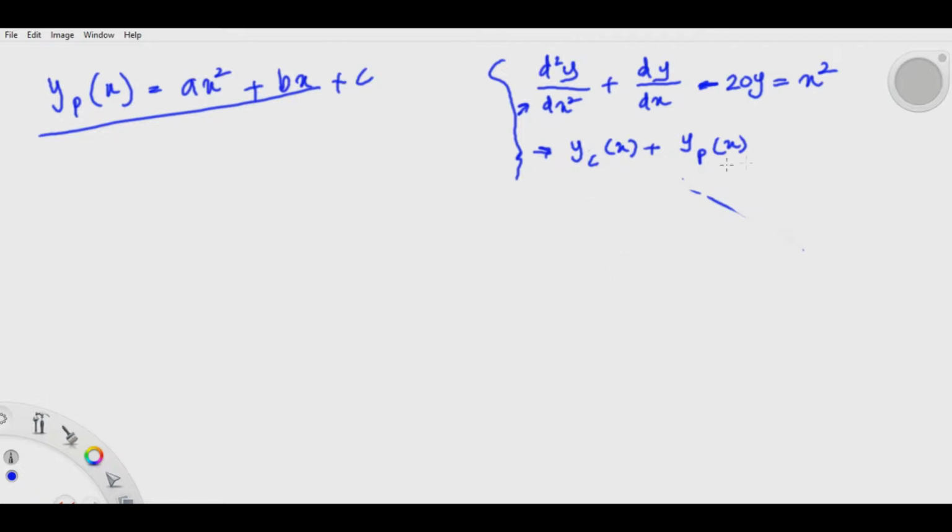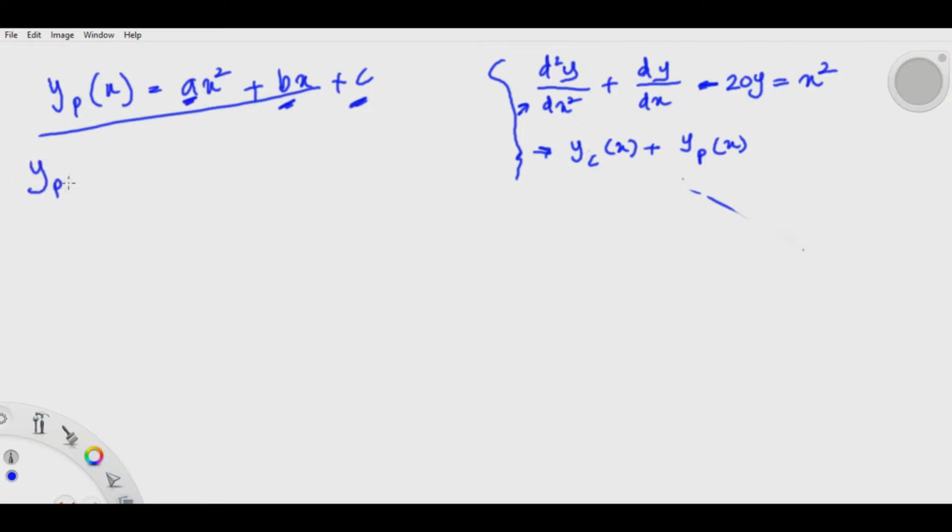Now I stated at the very beginning, because this is asymptotic to a quadratic equation, that y_p of x is ax squared plus bx plus c. We found out what a is, what b is, and what c is. So let's plug them in.